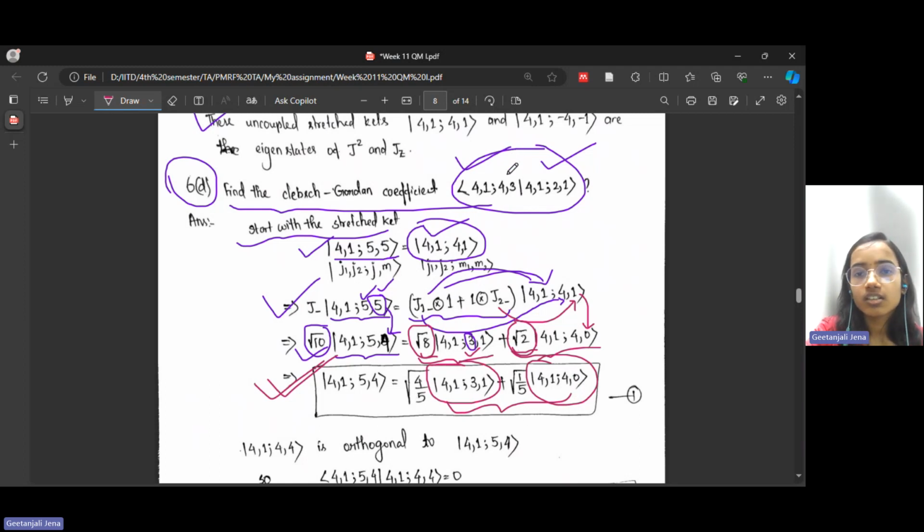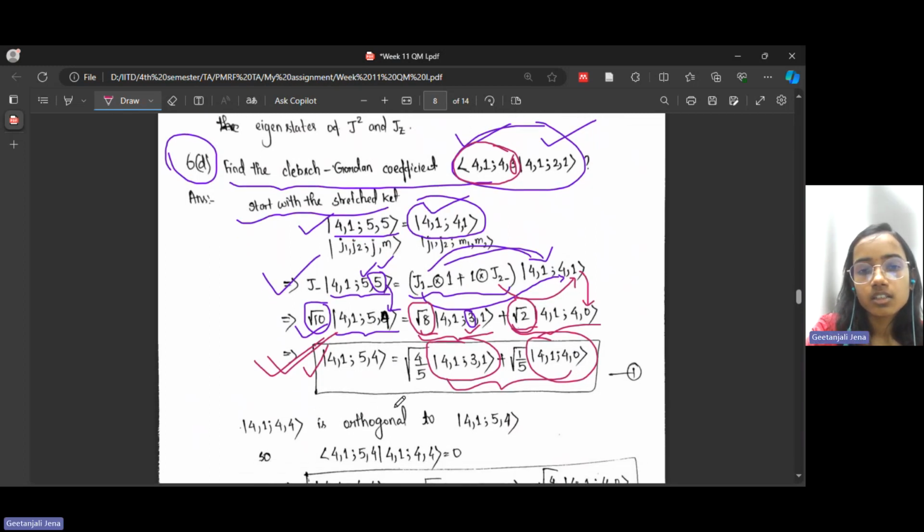Now in the question, they have asked about 4143, right? So to get 4143, the value of m is 3 here. So what you can do, you again act a lowering operator on this state. So if you act it, then it will get reduced, right?